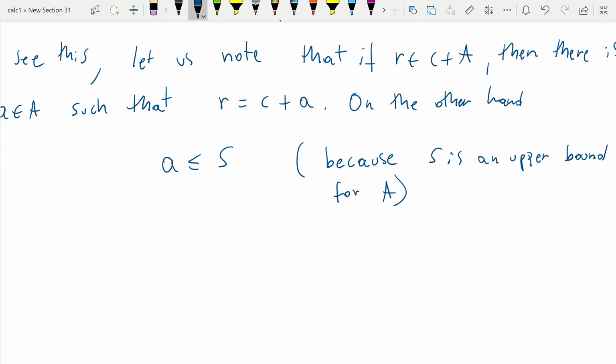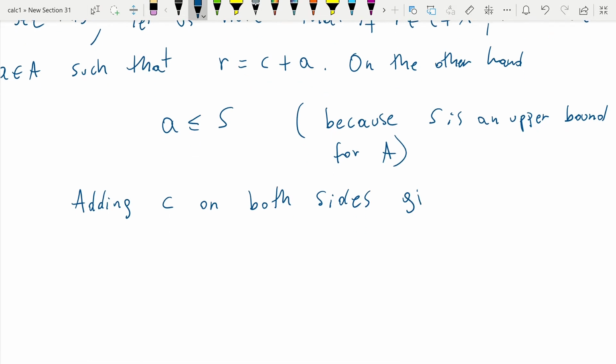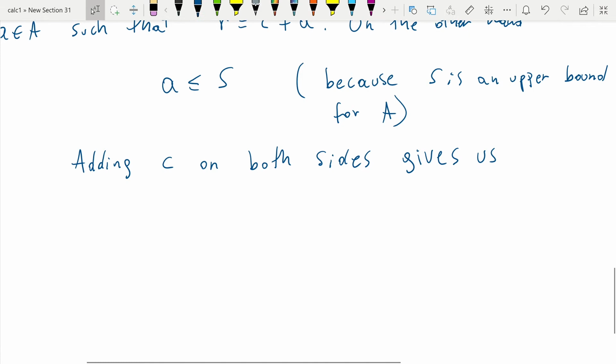We may then add C on both sides, which gives us that a plus C is less than or equal to, or C plus a, just to be consistent, it doesn't really matter, you know that addition is commutative, is less than or equal to C plus S. But what is C plus a?